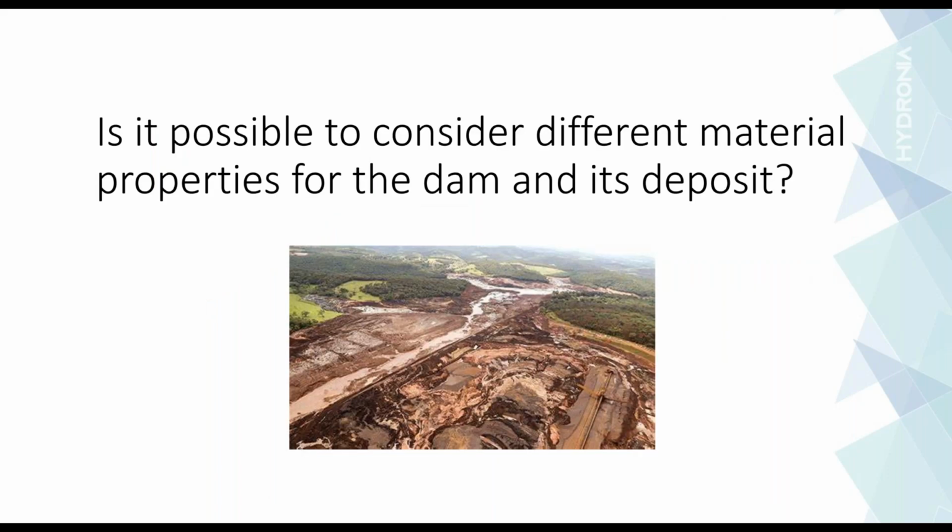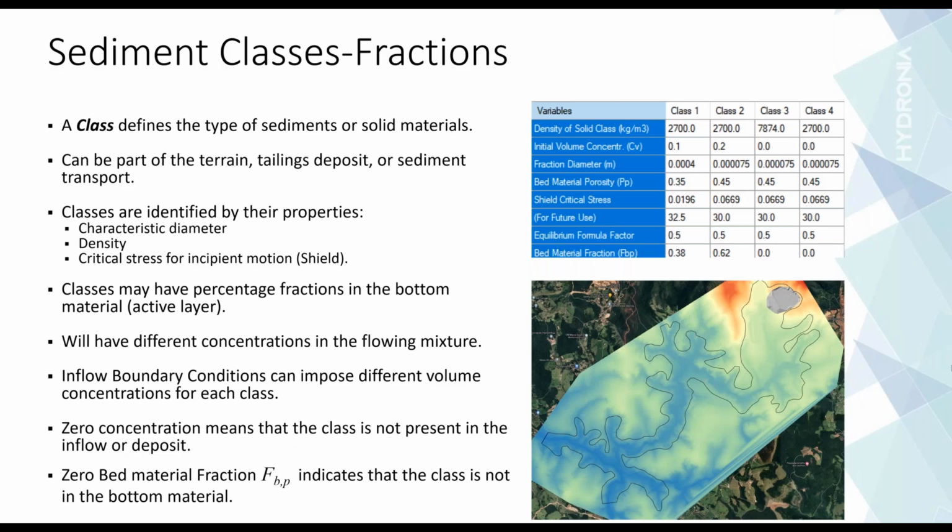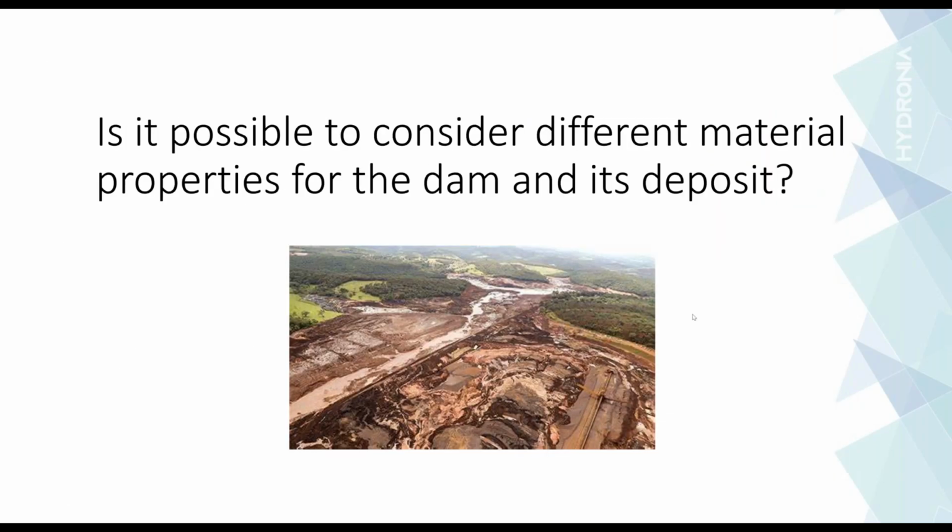Okay, so let's move on. Next question: is it possible to consider different material properties for the dam and its deposit? So the situation is this: you have a dam or an initial location of the dam, and behind the dam you have a deposit, but both have different properties.